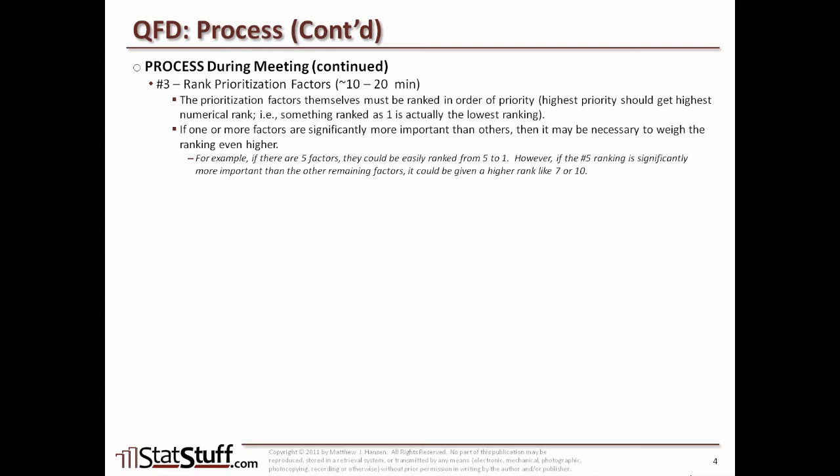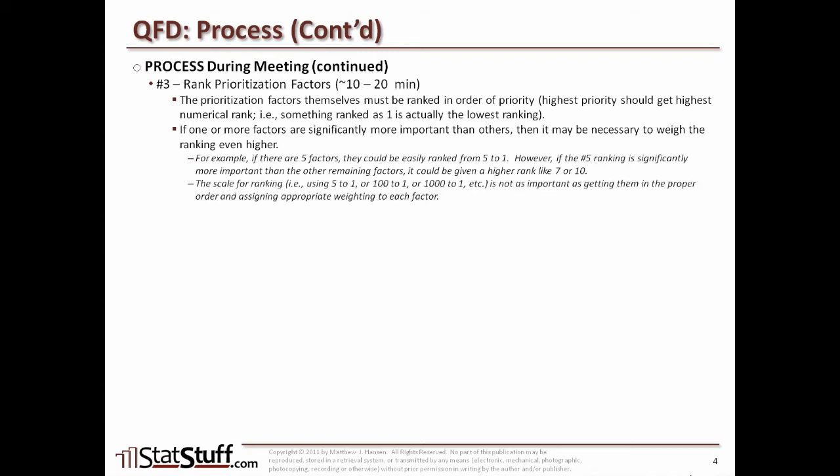However, if the top priority one is significantly more important than the remaining prioritization factors, then it's perfectly okay to give that top priority not just a 5, as if it's one more than the number 4 beneath it. You might give it a much higher value, like a 7 or 10 or whatever you think is representative of the additional weight you want to give that top priority.